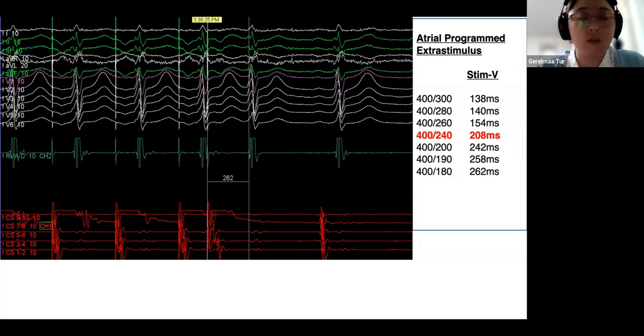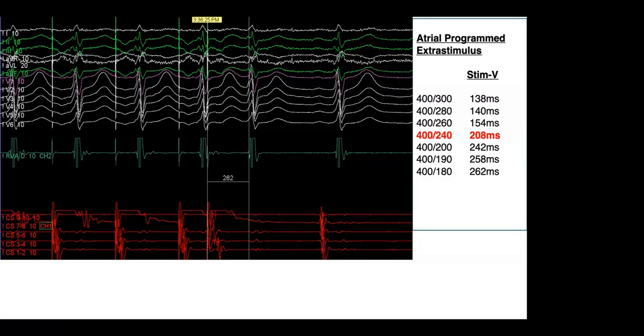Is there any other person who wants to ask a question about these cases? I think it's important to remember that Kumel's phenomenon or dual AV nodal physiology is an electrophysiological property of the functional tissue. It does not mean you have to ablate the slow pathway at any of those steps, but to have a paradoxical Kumel phenomenon, you clearly should have dual AV nodal physiology.